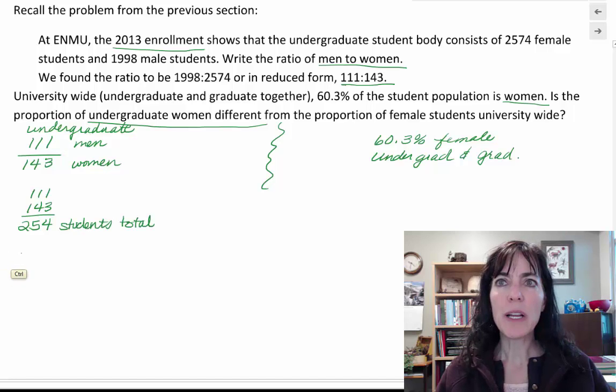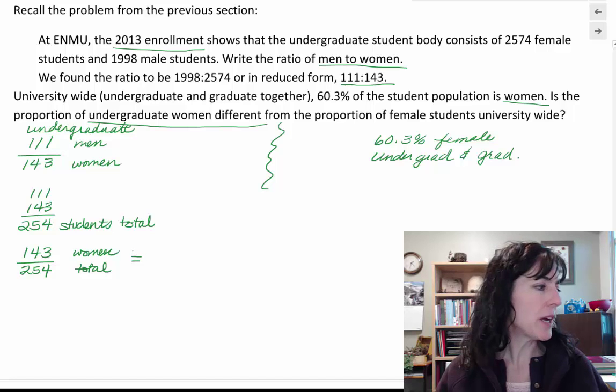And then I can find my female or women, 143 over 254, and that'll give me a proportion because it's part to the whole, so women to total, and that's what I'm after, a part to a whole, and then I can just divide it out.